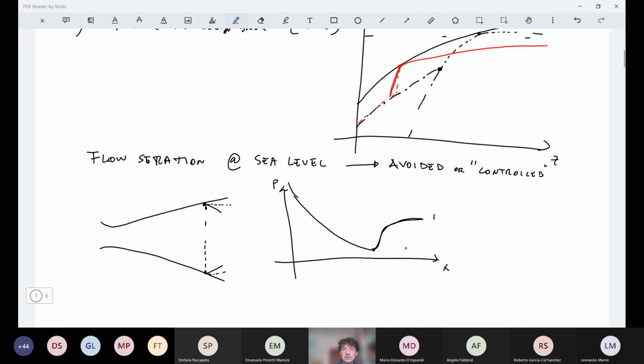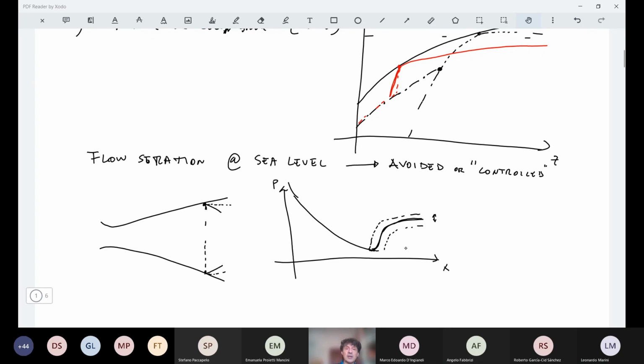What we find is that if the ambient pressure changes, or let's say the pressure inside this region, accordingly this separation point will move, for instance in this way or in this way, with this range of oscillation.